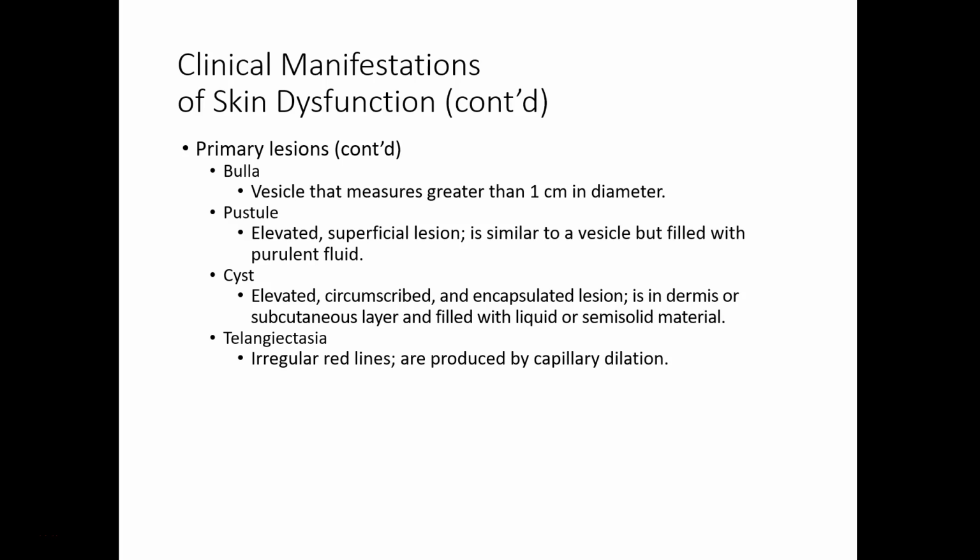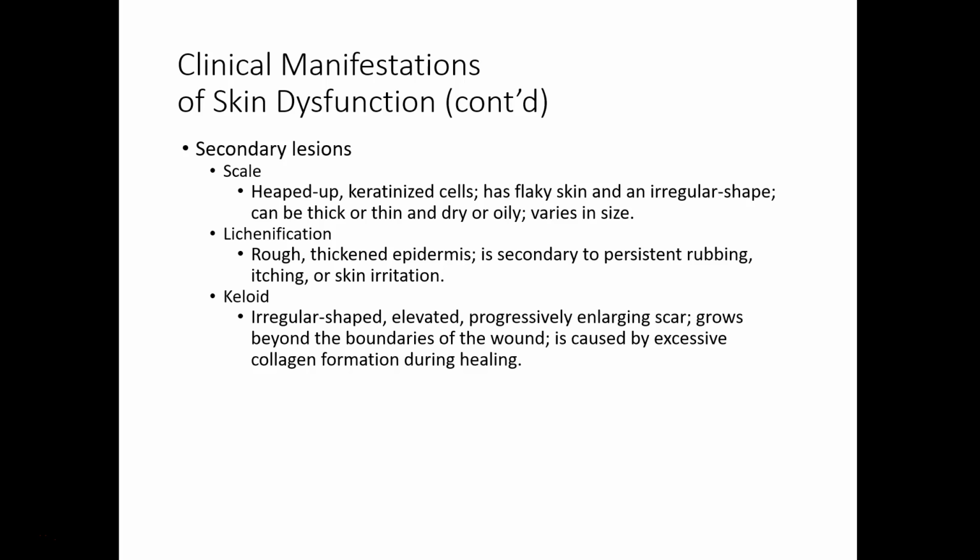A cyst is an elevated, circumscribed, and encapsulated lesion. It's in the dermis or subcutaneous layer and filled with liquid or semi-solid material. And then telangiectasia is irregular red lines and are produced by capillary dilation. So the capillaries become overdilated, and then we get this irregular red line presentation.